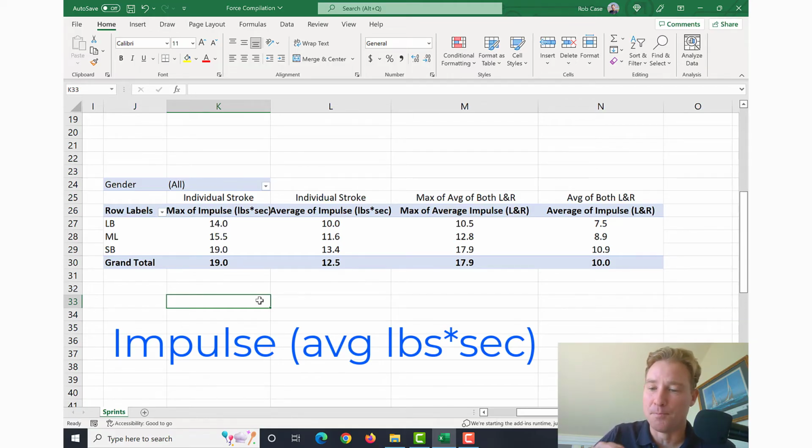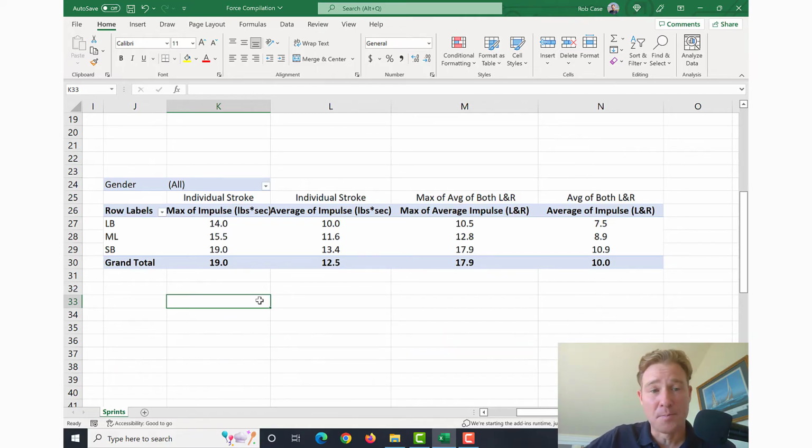Again, the big caveat here is that if technique is good, impulse is a very good metric to determine how far you're going to go, how fast you're going to go, how fast you're going to accelerate. So if you have a buildup of your curve from front to back, and your hand and forearm are vertical from front to back, impulse is a very good metric, because it takes the average force times the number of seconds that you're in the stroke for.